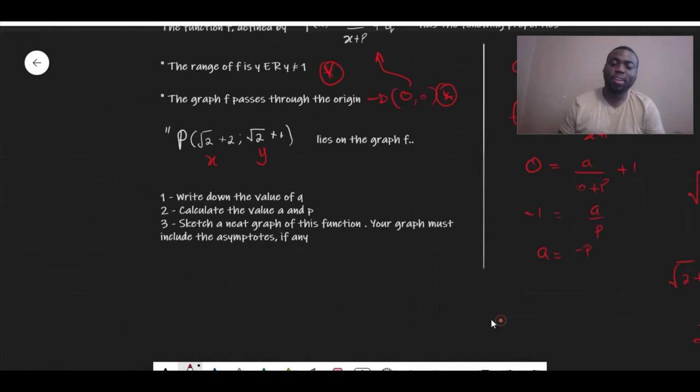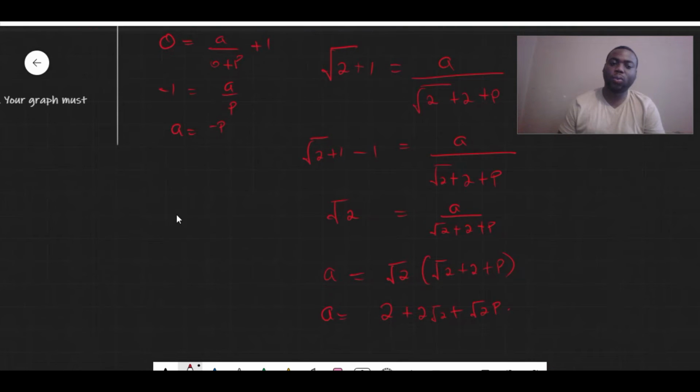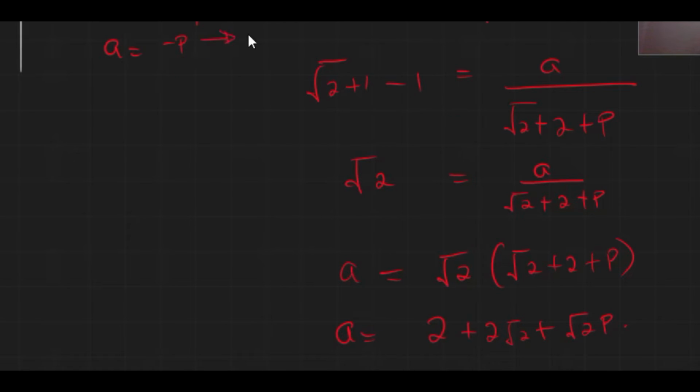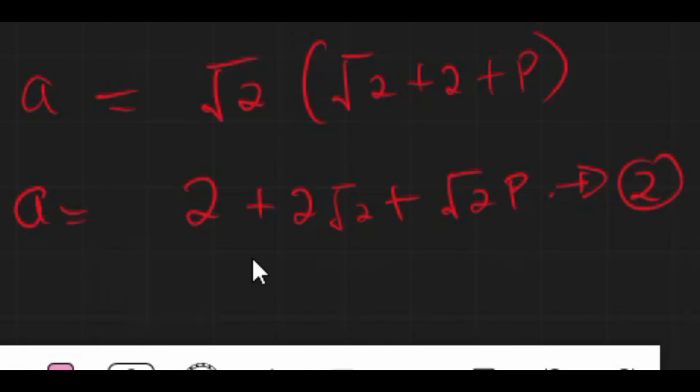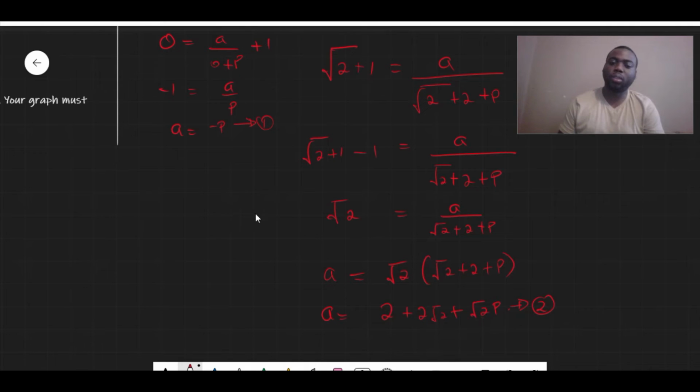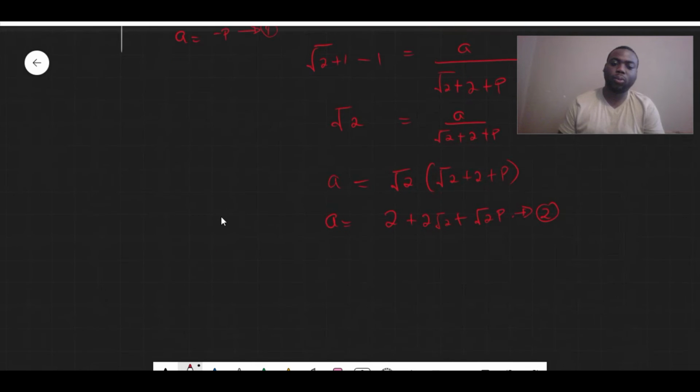The question again asks us to find the value of a and p. Whenever you have two unknowns and two equations, we normally do simultaneous equations. Since a = negative p and a = 2 + 2 root 2 + 2 root 2 p, we will equate both equations together to get our answer.